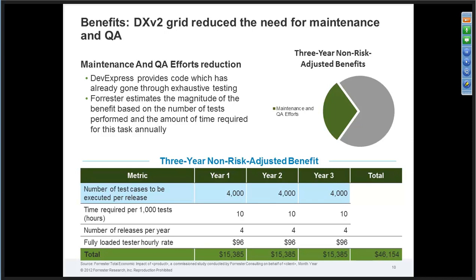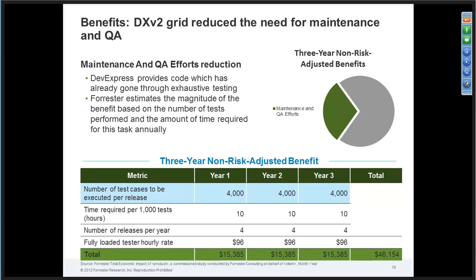But the control itself, when they got it from DevExpress, had already been pre-tested in its basic configuration, and there were about 4,000 test cases that DevExpress uses every time they run a test regression to update the control. Those test cases are automated, and to run all the cases across all the different platforms and evaluate the results and make sure that they all pass takes about 10 hours per 1,000 test cases every time they do a release.